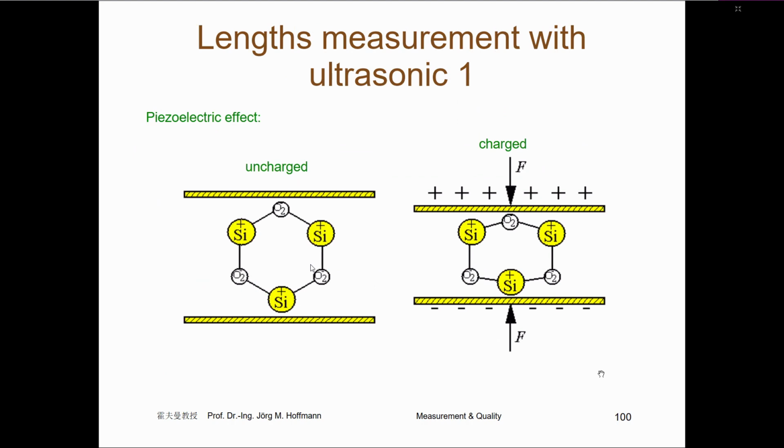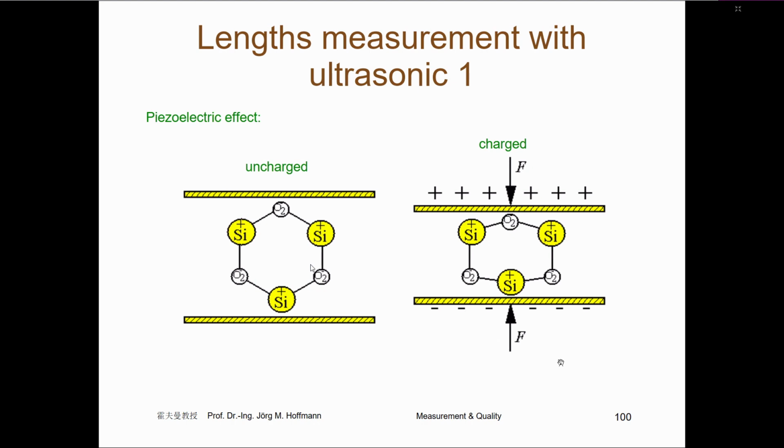Okay, then let me show you some length measurements, for example, with ultrasonic. You know this distance measurement, for example, from cars, when you have a parking system inside, then ultrasonic is often used.